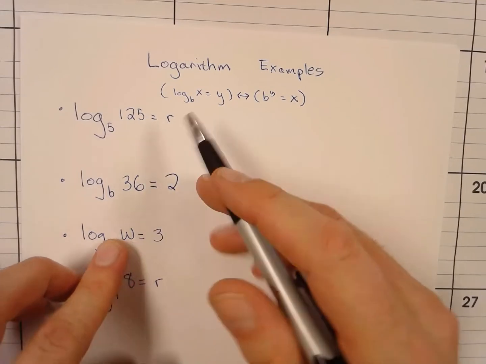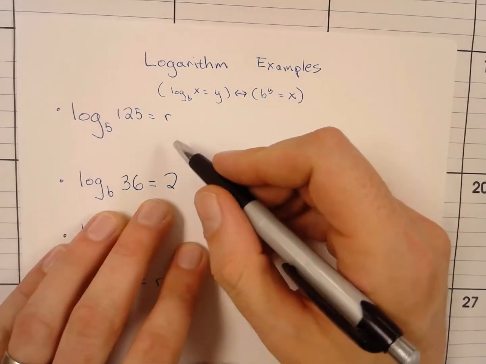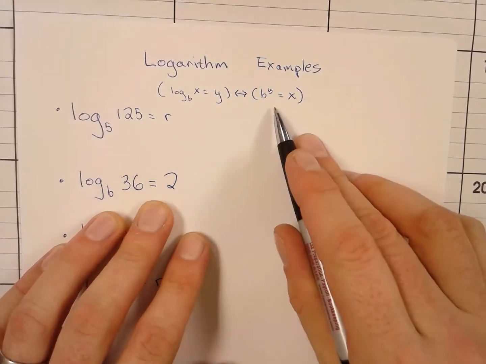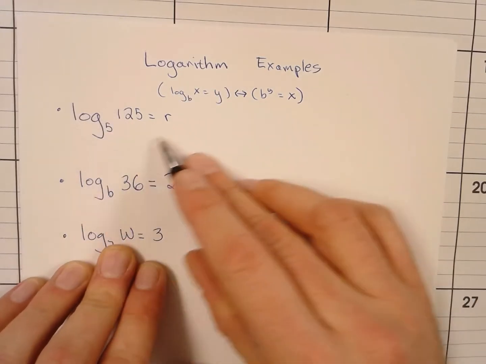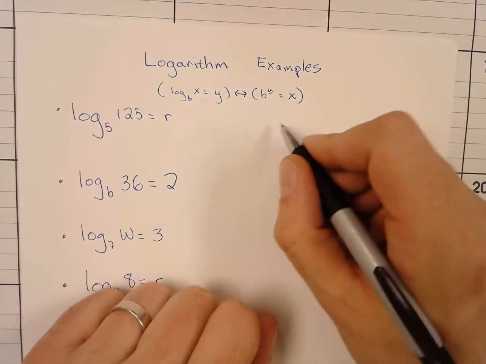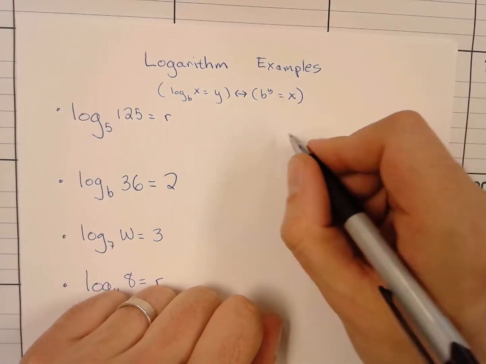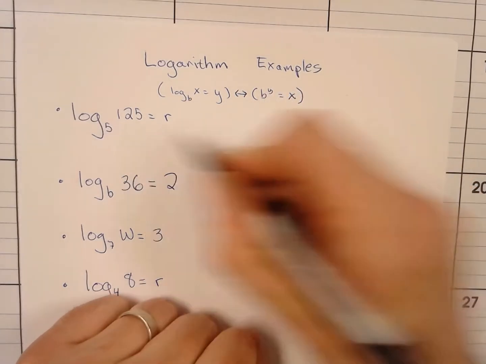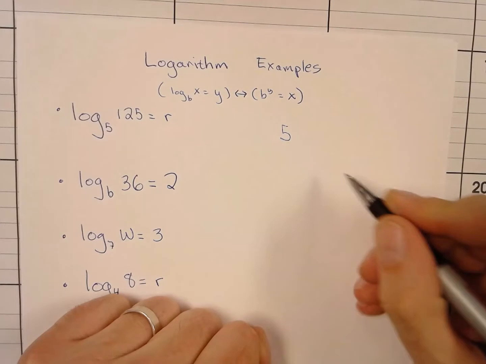It's the thing the whole log is set equal to. So we can apply this definition, and I'm going to convert this logarithmic equation into an exponential equation here. So the base, the subscript here in exponential form, is the number 5.